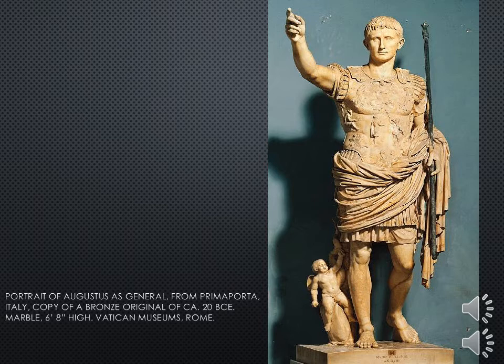You may notice at the lower left-hand side of the image this odd little human shape to the side of Augustus there. That's a Cupid, and Cupid is, of course, related to the mythology of the goddess Venus, and that's an important link that Augustus is making here.